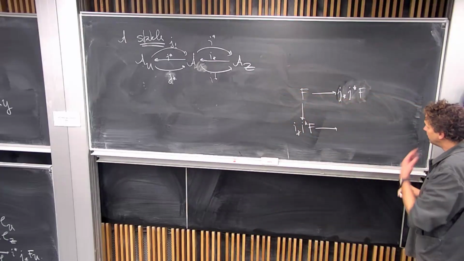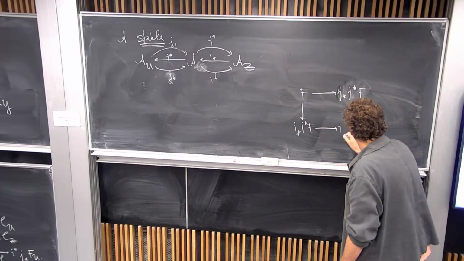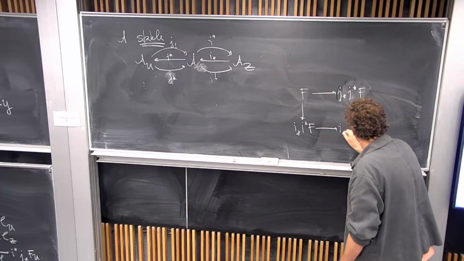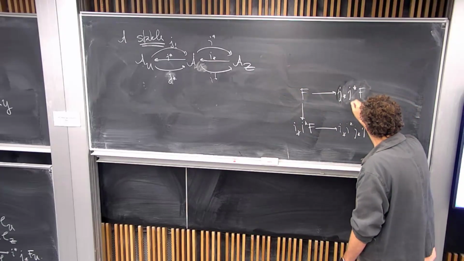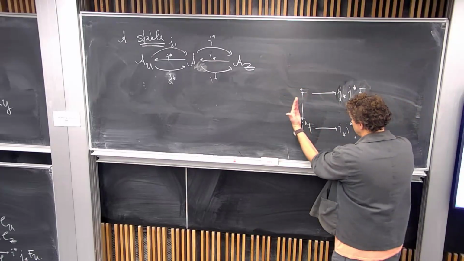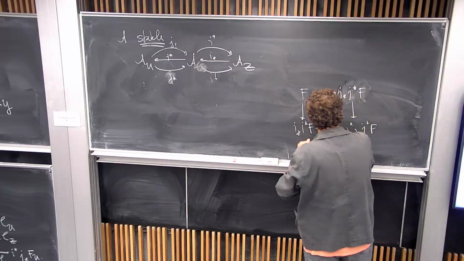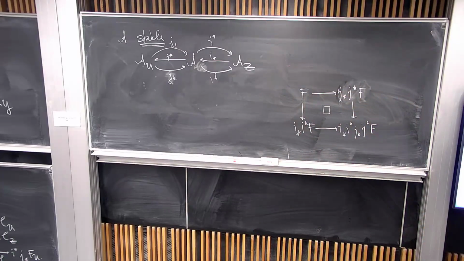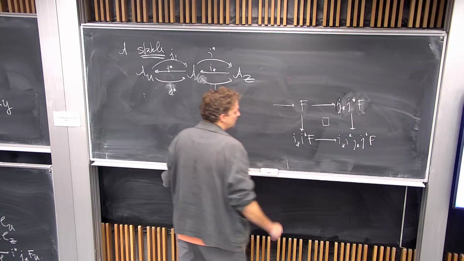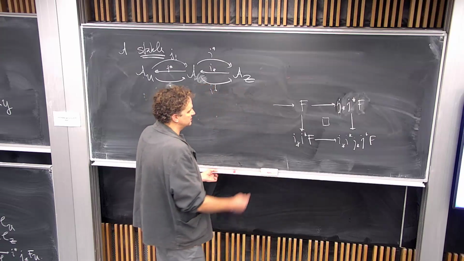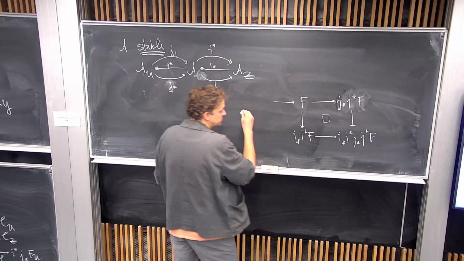And then the corner here, I have I lower star, I upper star, J lower star, J upper star, F. And this is a pullback square, which is also a pushout square because I'm stable, Cartesian square. And what's the kernel of this map here, the fiber of this map here?